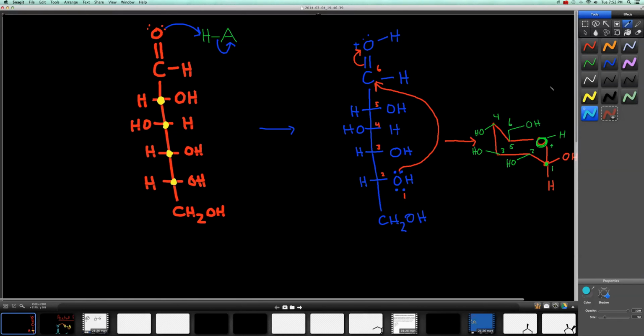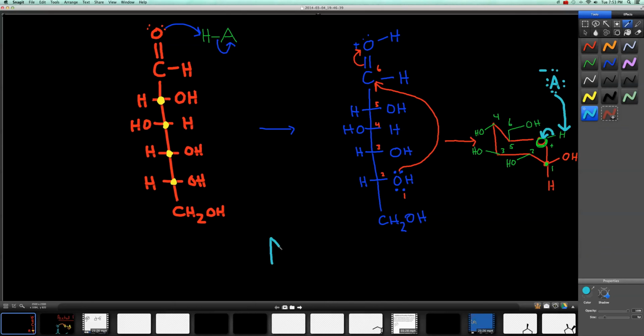And as we know from our previous mechanism, a simple acid-base proton transfer step is going to neutralize this to the full hemiacetal. And so our structure after the first half of this mechanism is as follows.